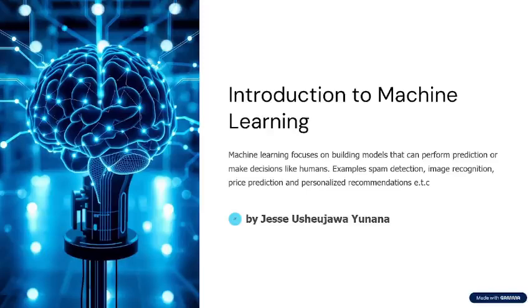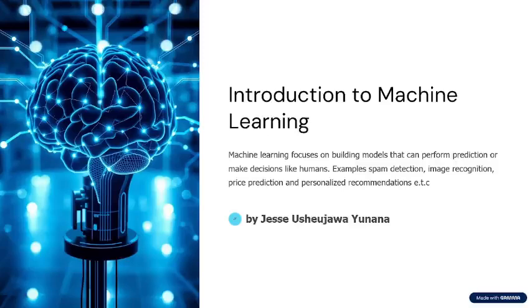So practical applications of machine learning involve spam detection and image recognition, whereby I can just upload your picture to a particular database. Like in American movies, you can see at times they will just snap somebody and then check online, and then the algorithm will detect the name of the person. All those things are what we call image recognition. They are being done using machine learning.